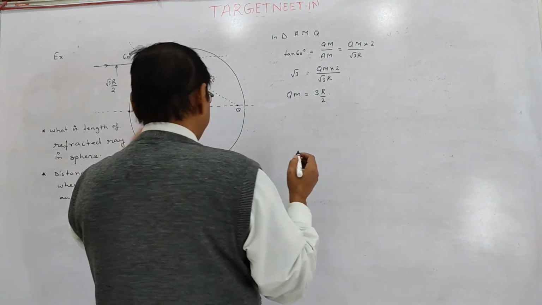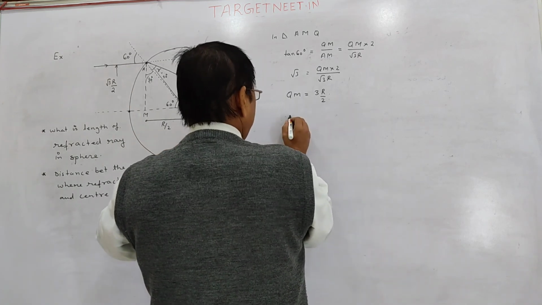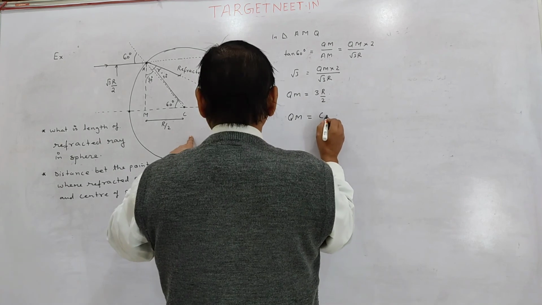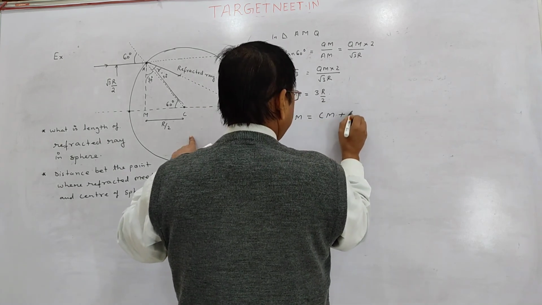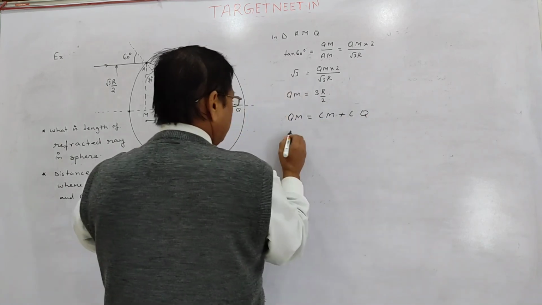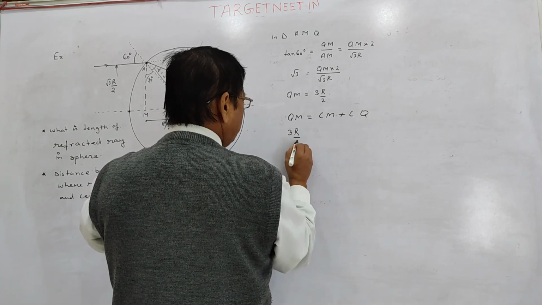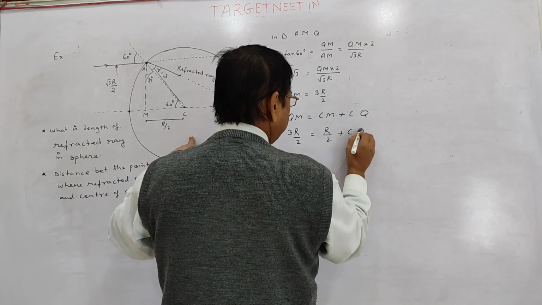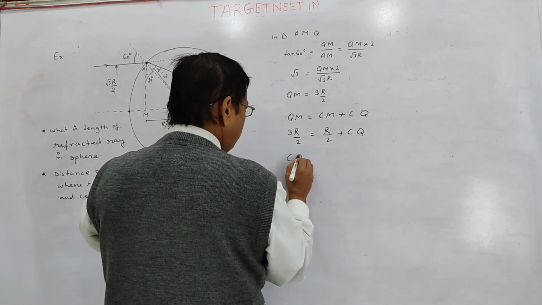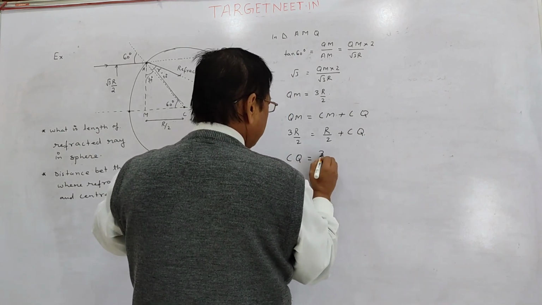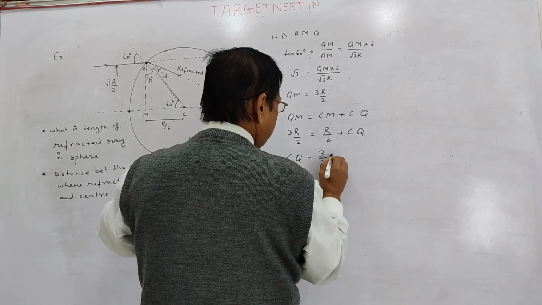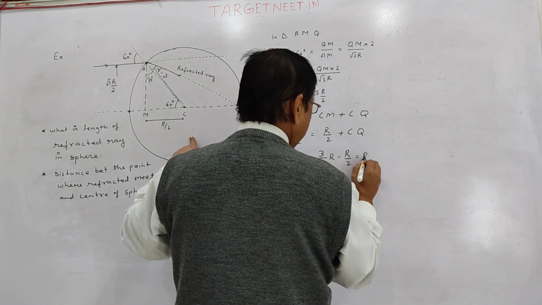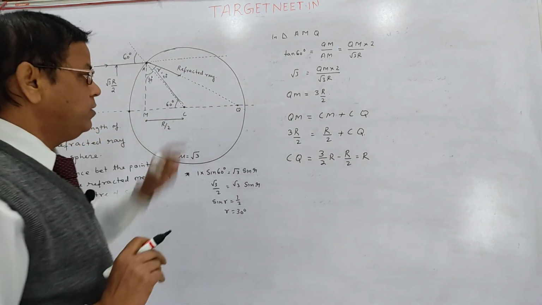So QM is CM plus CQ. So 3R by 2 is equal to R by 2 plus CQ. So CQ will be equal to 3R by 2 minus R by 2. So it is R. So CQ is R.